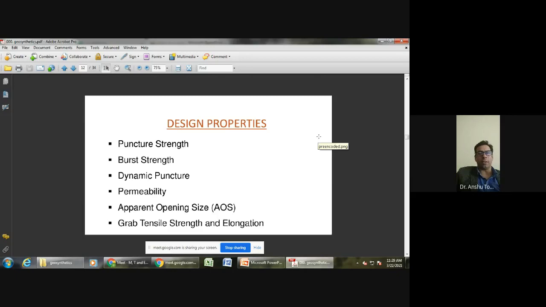Suppose you have used a certain geotextile for filtration purposes, but the strength of that geotextile in compression is very feeble, and the use is also inadequate, that you have directly placed it above a highly loaded traffic. So that is not going to serve the purpose for which you have used it. So you have to keep track of the design parameter which is most important for the purpose you are going to use.